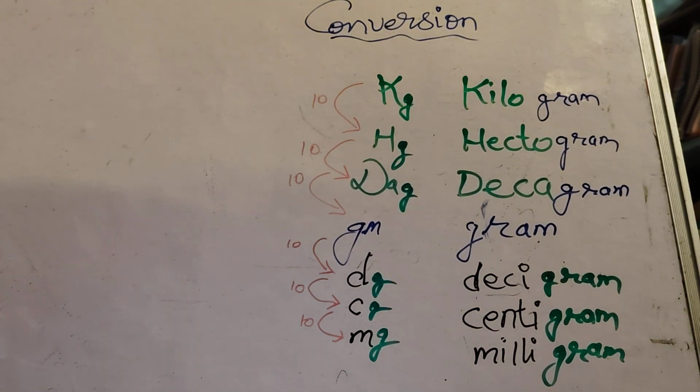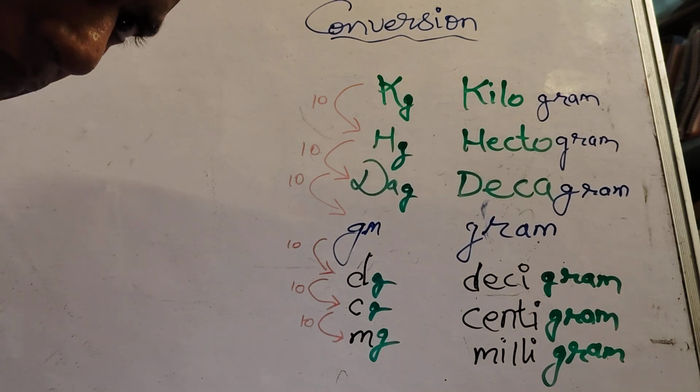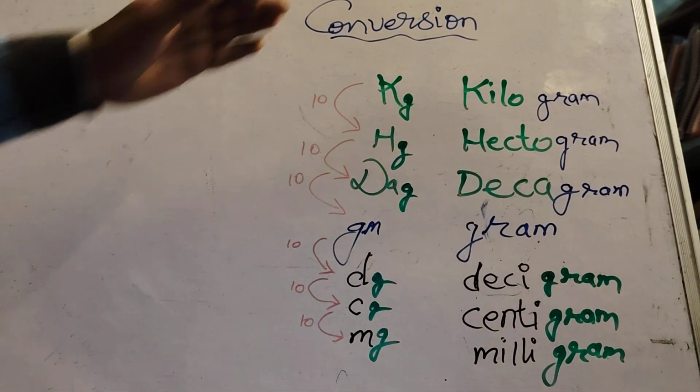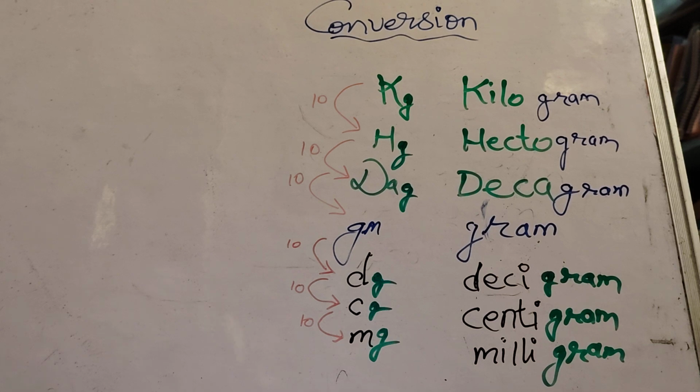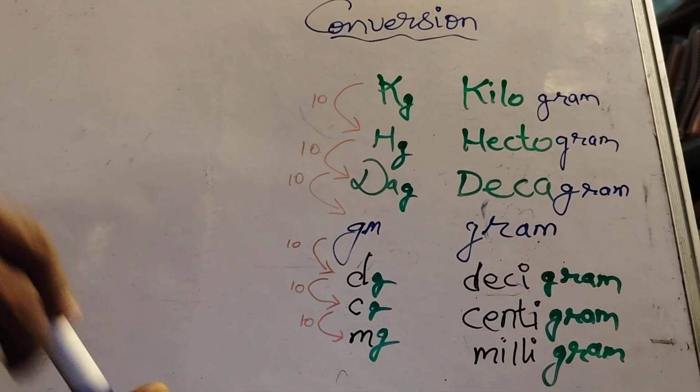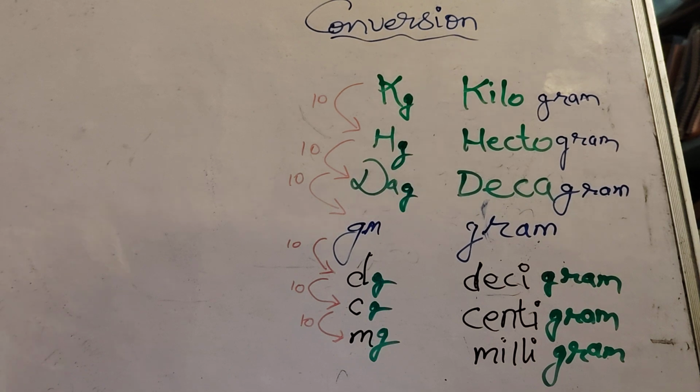Kilogram. And which one is the smallest? Milligram. Yes. So whenever we want to convert from bigger to smaller, we use the multiply sign.